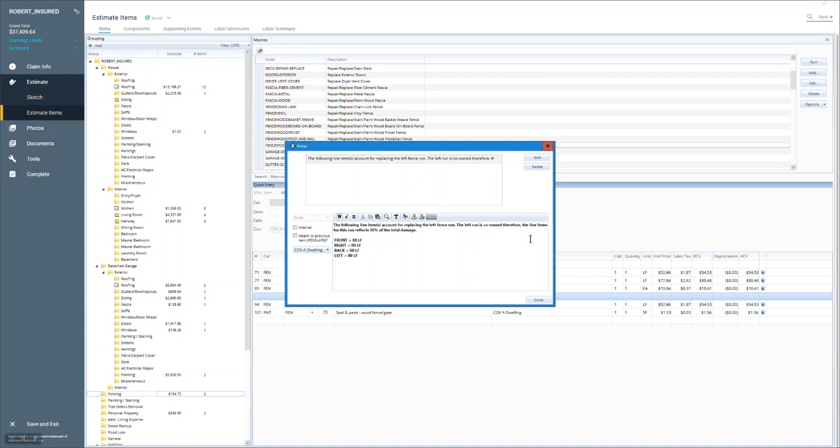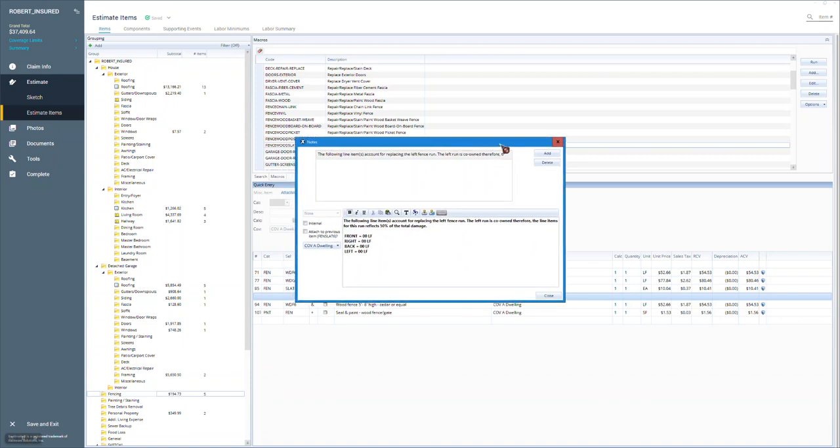The left run is co-owned, therefore the line items for this run reflect 50% of the total damage. We're really only dealing with one type of line item, so you could change these plural designations of the line item to line item. The line item for this run, the following line item, if you want to do it correctly.